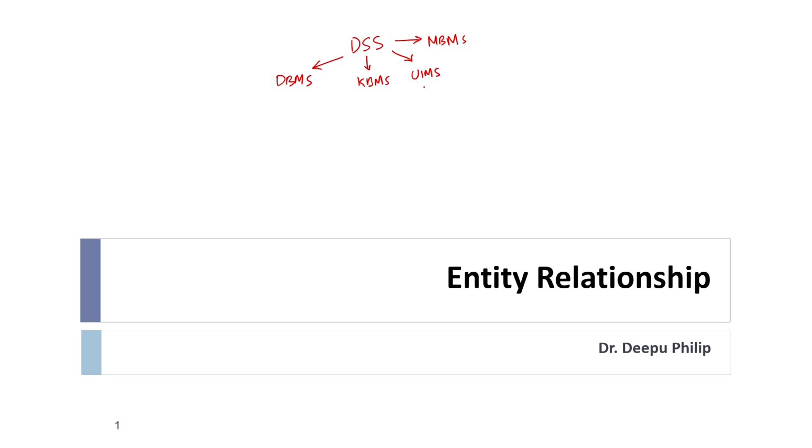And we have seen all the four in brief, and this we are seeing in depth now. Okay, we are looking into this component of the decision support system, right?